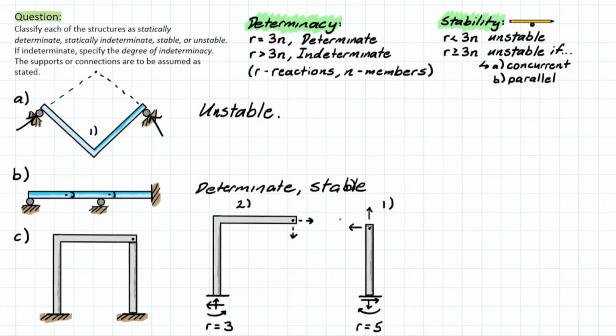Now, using a similar formula to what we used before, we are going to be looking at a total of 8 reactions because we have 3 plus 5, and we have 3 times the number of members, which is 2. 8 is greater than 6, therefore the structure is indeterminate.